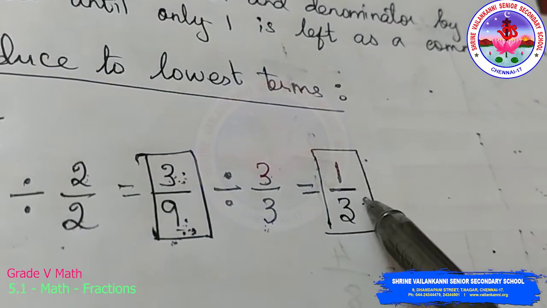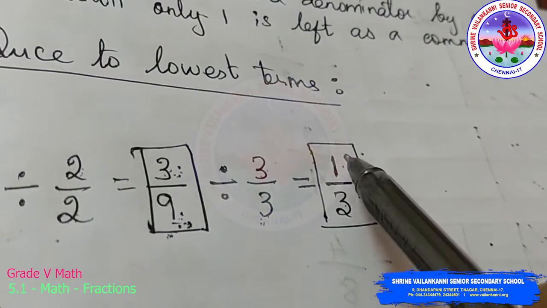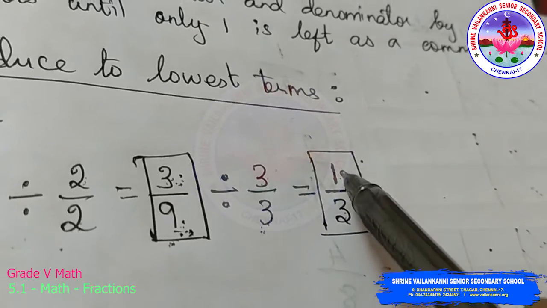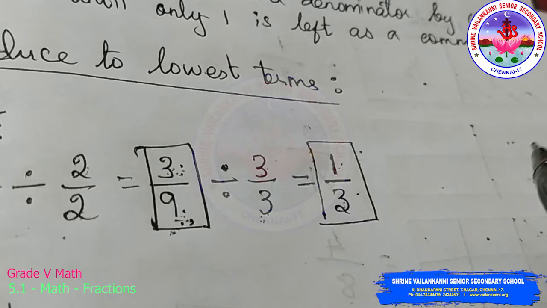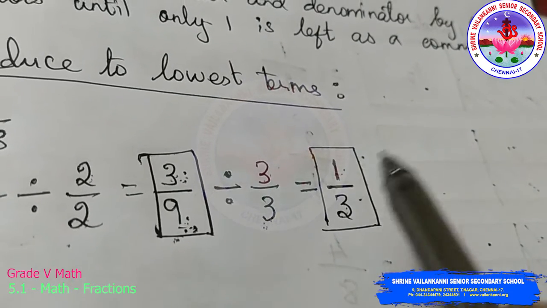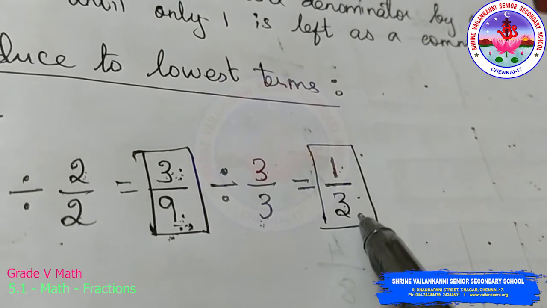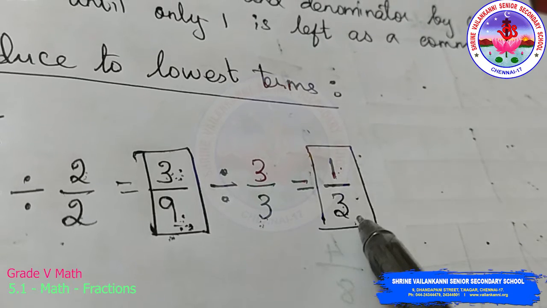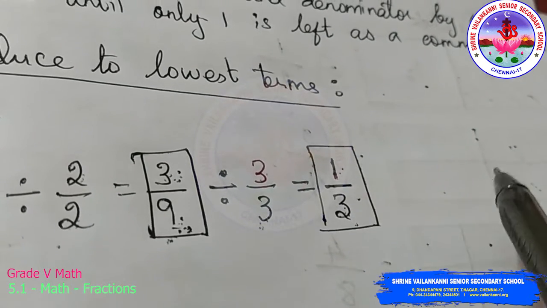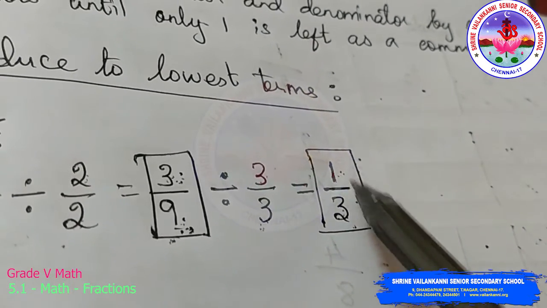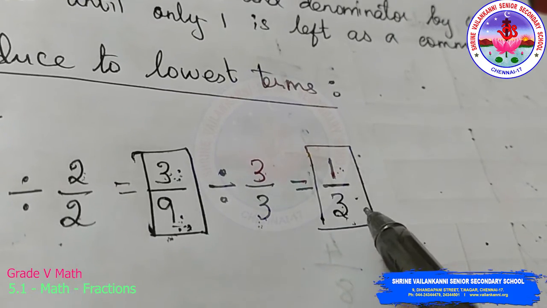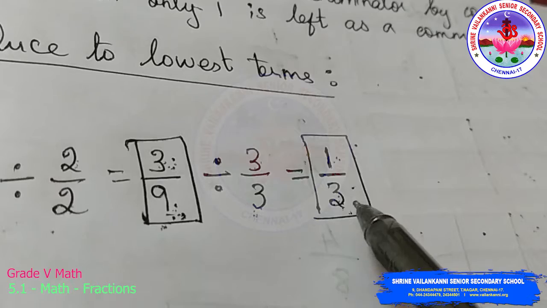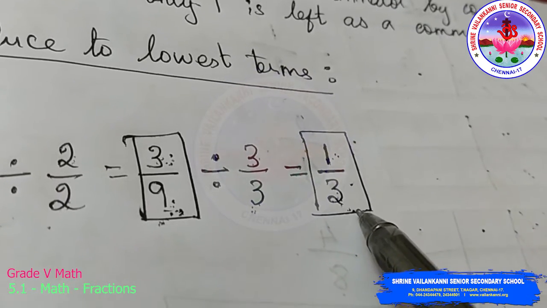If you take a common factor for this 1 by 3, 1 will come in only the 1 table, and 3 will come in the 3 table alone. So we don't have any other common factor except 1, because in the 1 table, 1 will come and 3 will also come. So when you reach the common factor as 1, you can stop doing division.